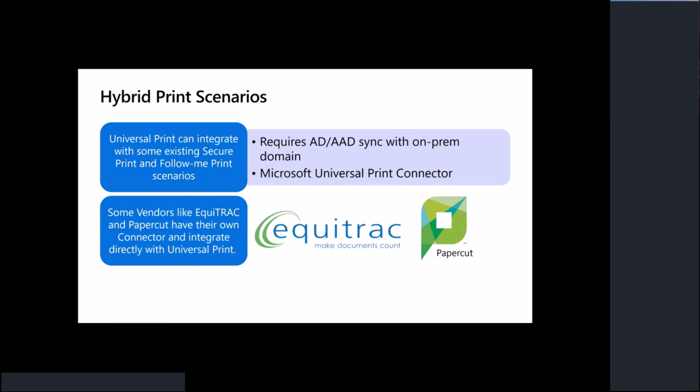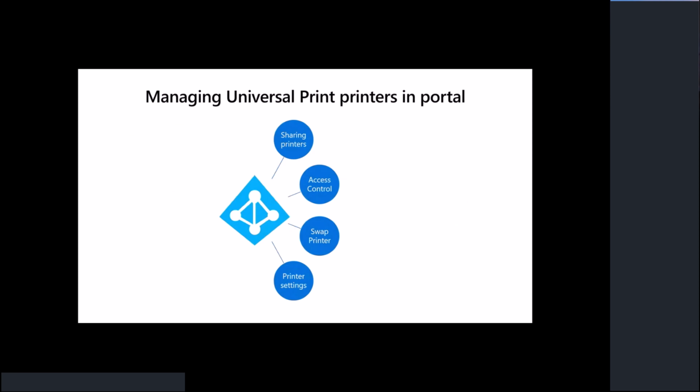But if the job is strictly from a secure print standpoint based on the user account that is sending the job to the print queue, then this impersonation is what we have enabled for those particular situations. Like I said, Equitrack and PaperCut, they have their own connector and they have their own way of managing that.